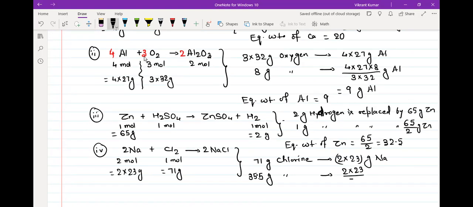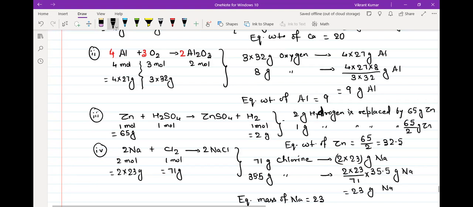So that's why this much by 71 into 35.5 gram sodium. If you calculate it, we will get 23 gram sodium. And that's why we will say the equivalent mass or equivalent weight of sodium is 23. Is it okay?